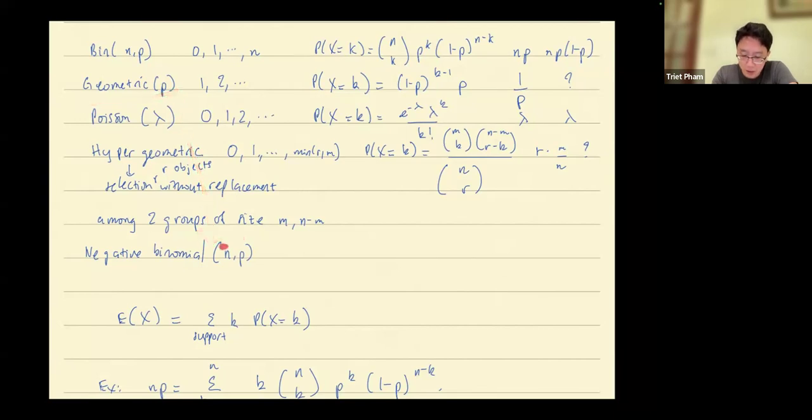So clearly, n here represents the number of successes you're looking for. Basically, for the negative binomial, you perform trials with success probability p until you see n successes.